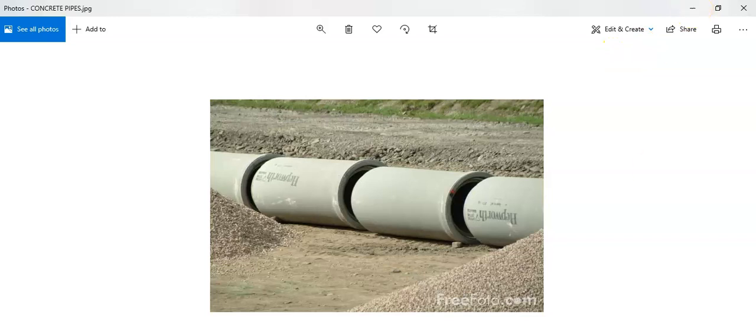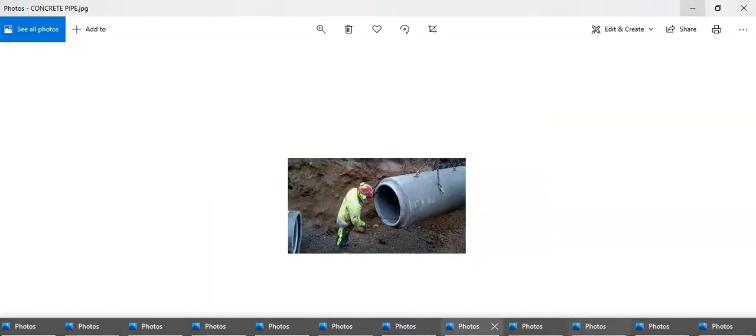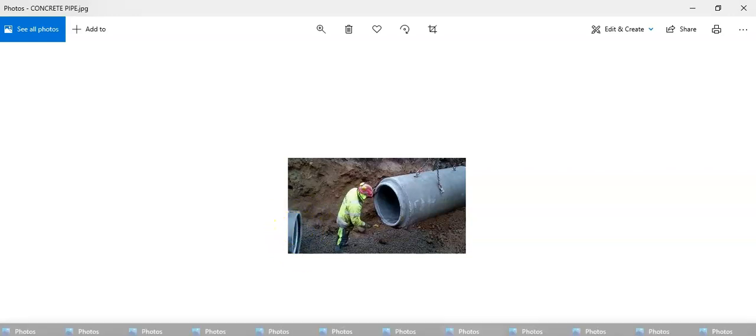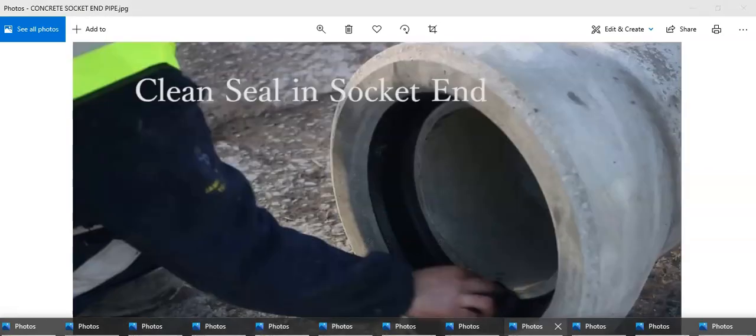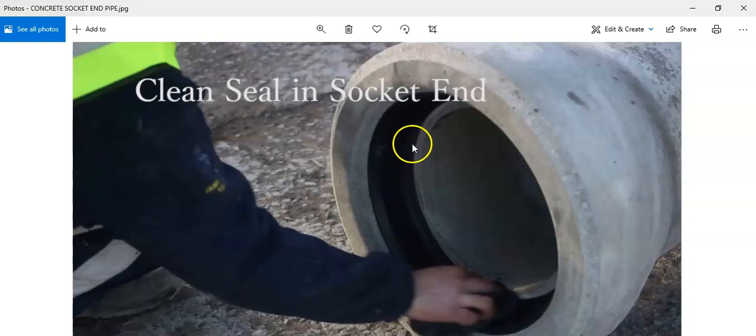We have another picture which shows, I think this one here, the end which goes into the socket, but inside there is a sealant or a rubber used here. A rubber is used to seal, so that if there is any leak, water does not go inside the joint of the two pipes.